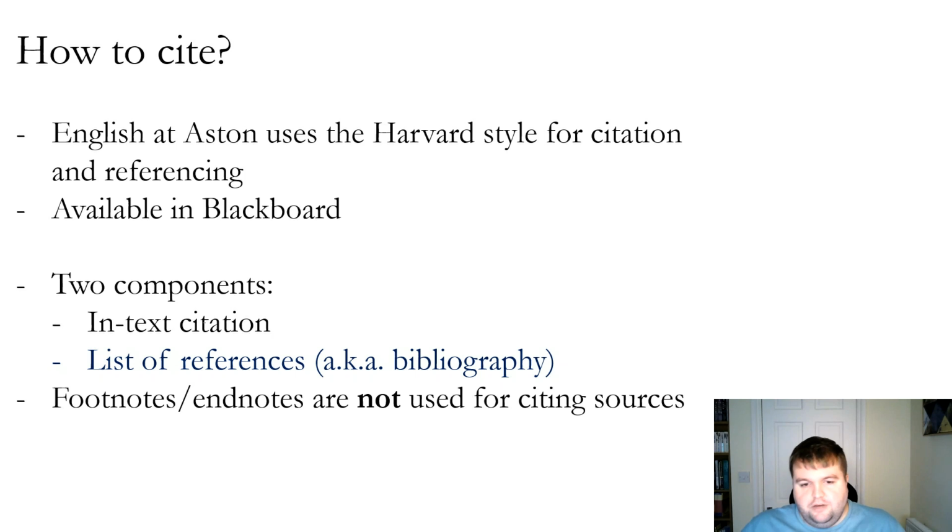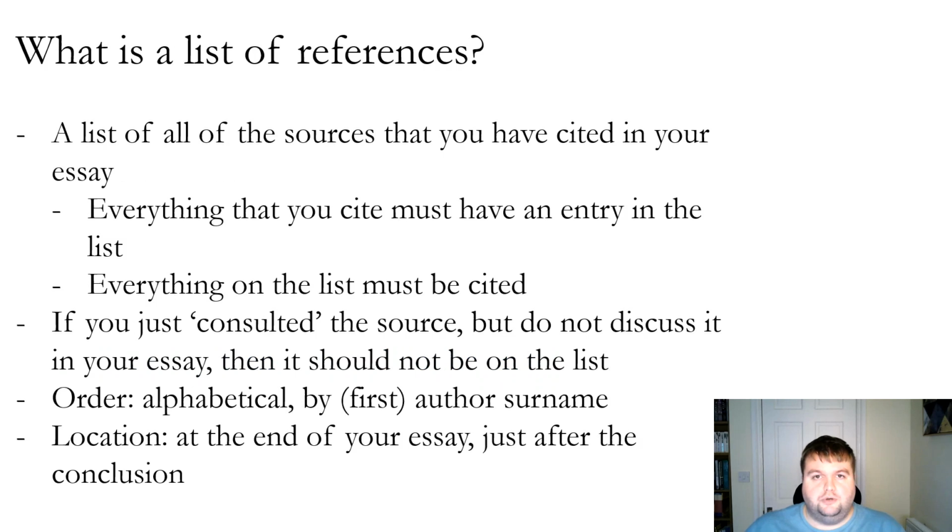As I mentioned in my other video, footnotes and endnotes are not to be used for citing sources. You can use footnotes for other things, but not for citation. So you've got the in-text citations in the other video, and now we'll talk about the list of references.